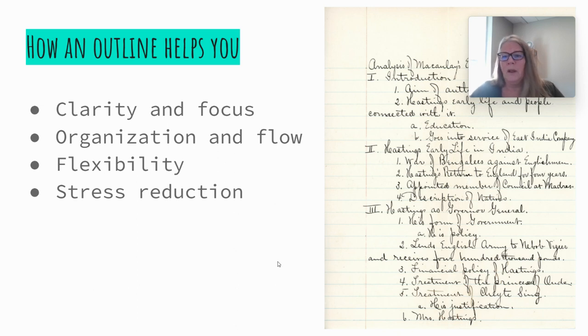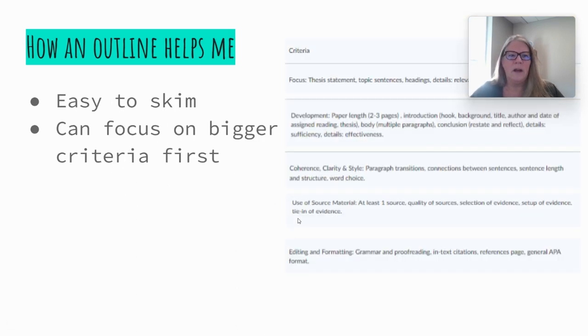All right. So the other thing to think about is my purpose in looking at an outline. It might be hard to see some of these words on here, but this is basically a screenshot of the rubric. When you think about the rubric and the criteria of good writing, I usually think about five criteria. Am I holding up five fingers there? There we go. Five criteria.